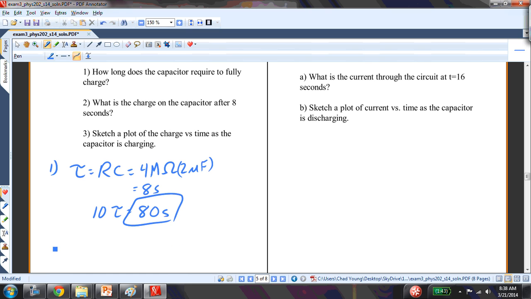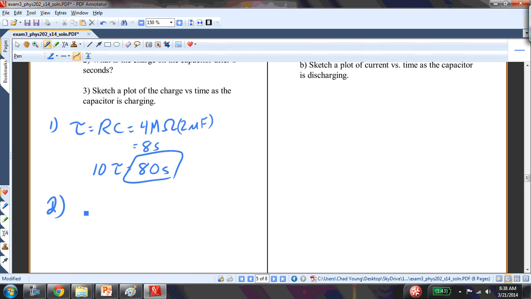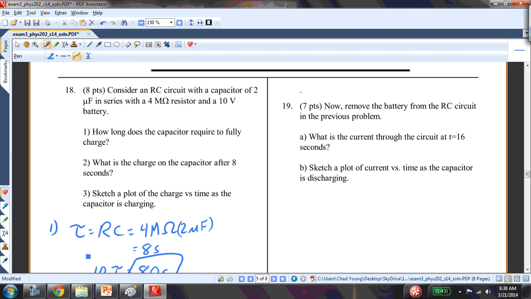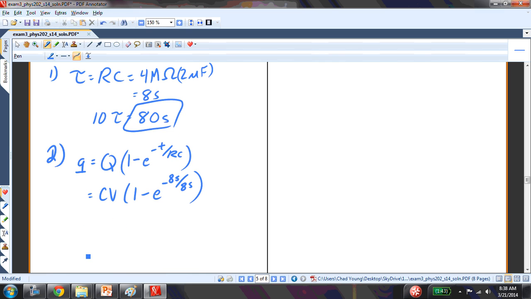What is the charge on the capacitor after 8 seconds? All right, well, the charge, Q, is equal to big Q times 1 minus e to the minus t over RC. Q is equal to CV. T is 8 seconds. Our time constant was also 8 seconds, so that makes it easy. Let's see, CV. C is 2 microfarads, 10 volts.